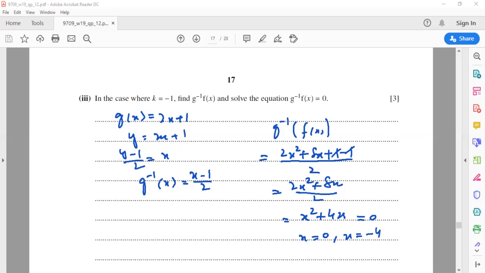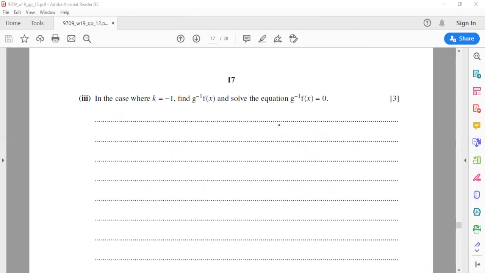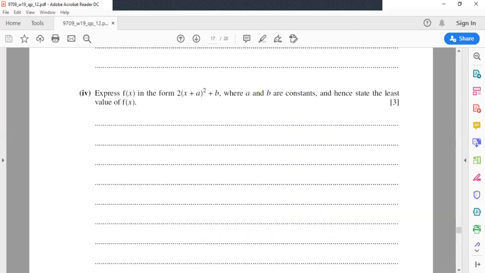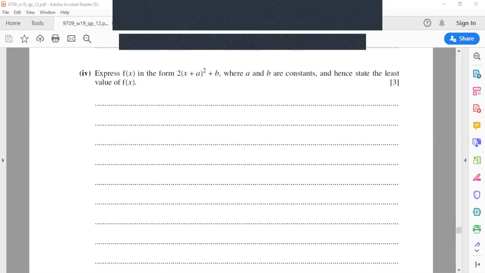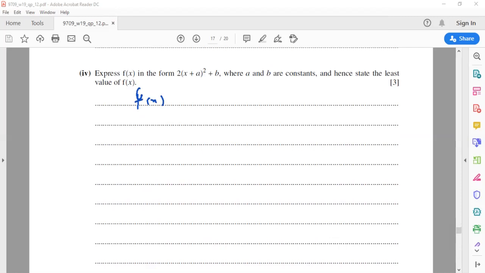Now let's go to the next part. It says express f of x in the completing square format. So f of x is given to us as 2x square plus 8x plus 1.